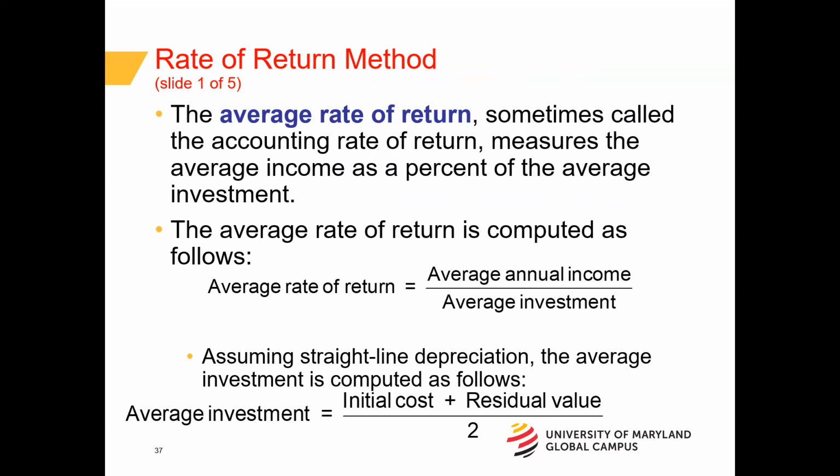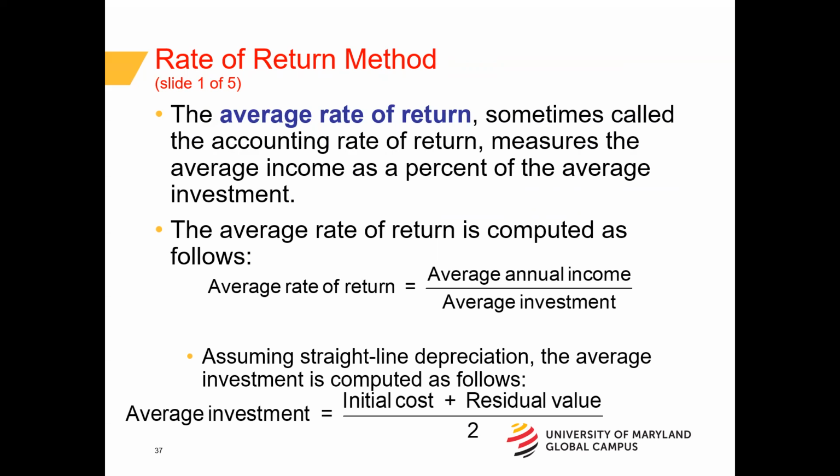Okay, let's talk about the first method. It's called rate of return. Rate of return is a concept that we use to identify the average income over the life of an investment.